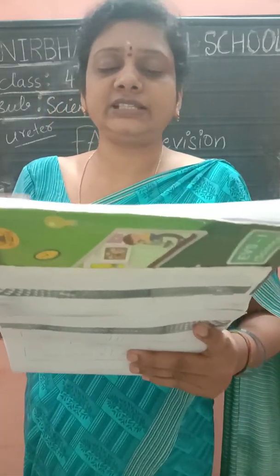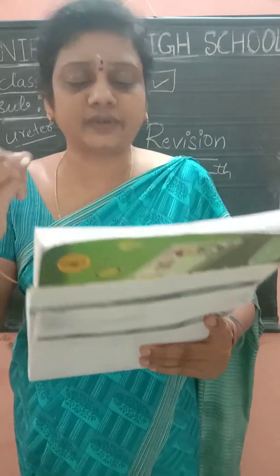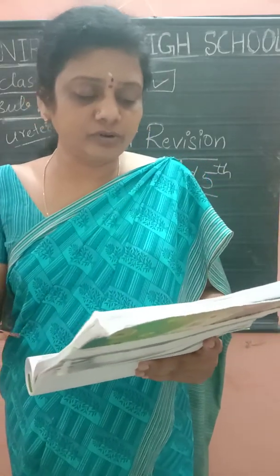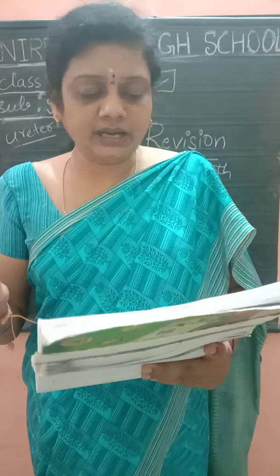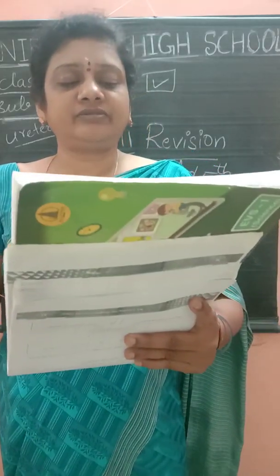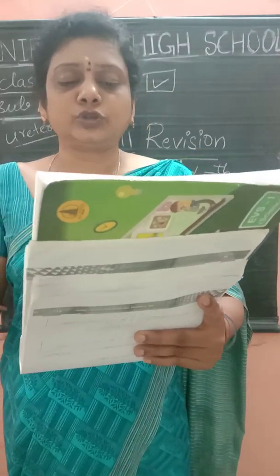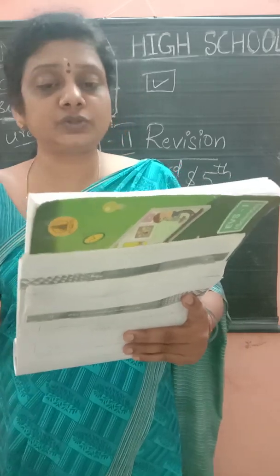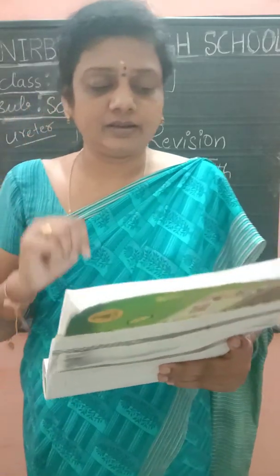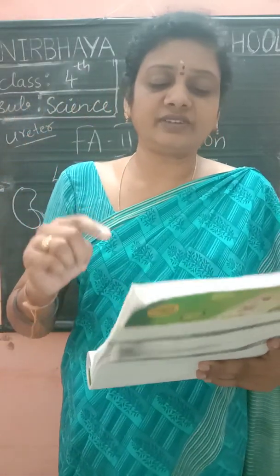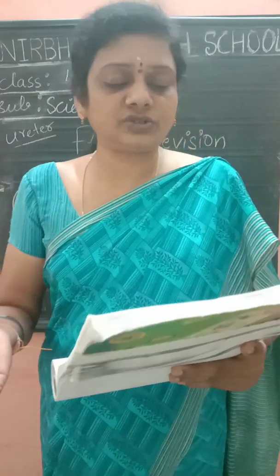The second one, children: which of the following is an example of a gaseous waste? Options are given: rotten fruits, paper cups, wastewater from factory, smoke from vehicles. Option D, smoke from vehicles. And fill in the blanks, children.